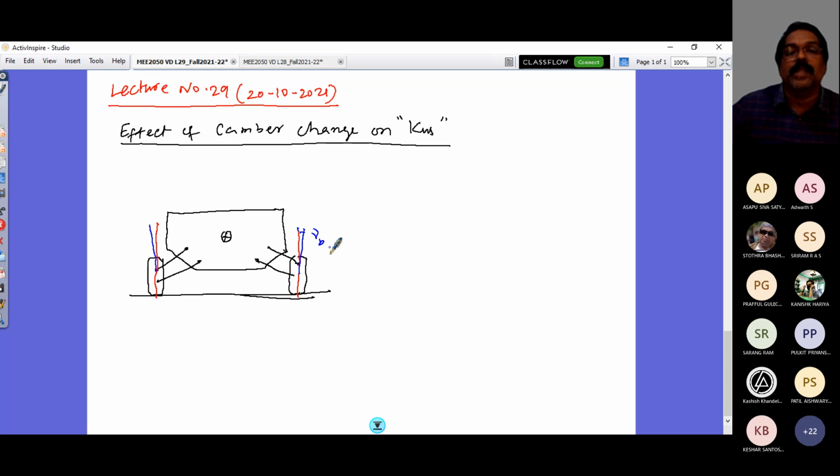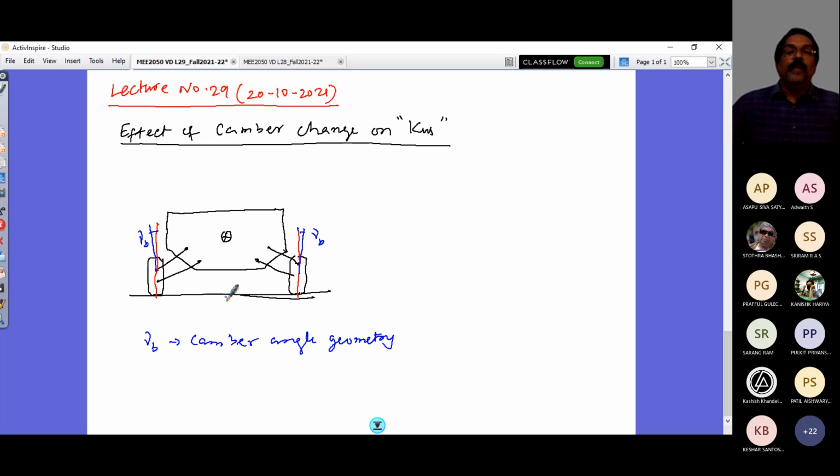Subscript B I use, for the body, which is by design of your vehicle. Gamma B, right? Both the wheels' inclination outward with reference to the vehicle body is what is called the camber angle. Gamma B is the camber angle geometry.